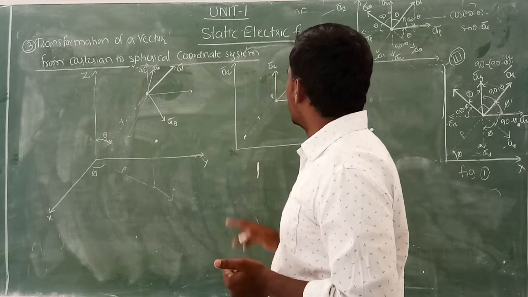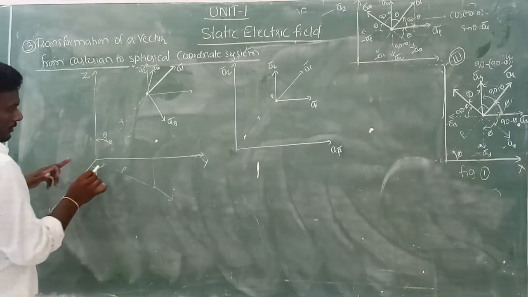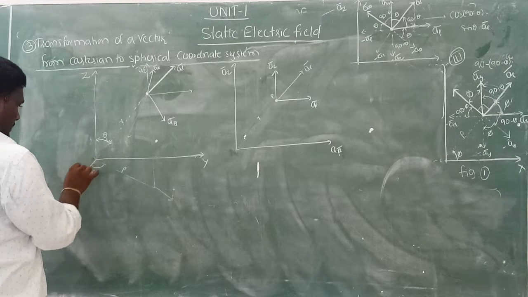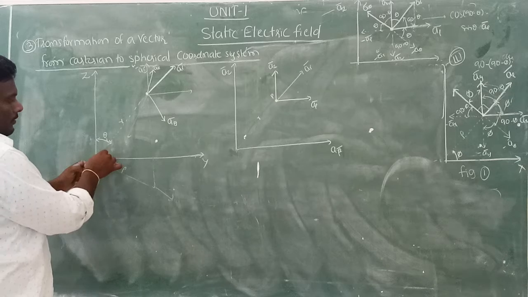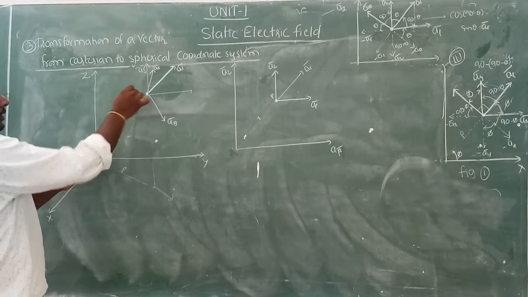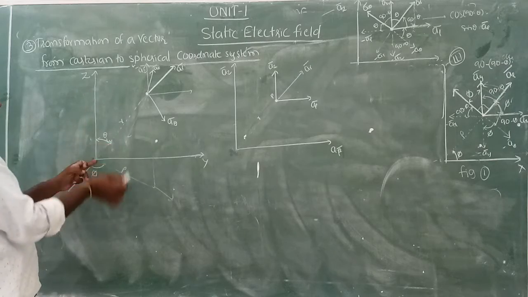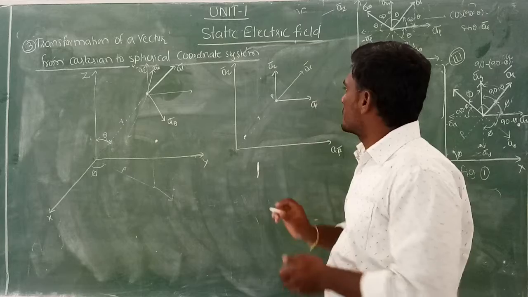Why did I represent a r bar in between a rho and a z? Listen carefully here. This is my a rho bar, like this. This is a x bar now, and it is a rho bar. If your point is here, is it exactly in between a z and a rho or not? That is why in 2D I wrote it like this.